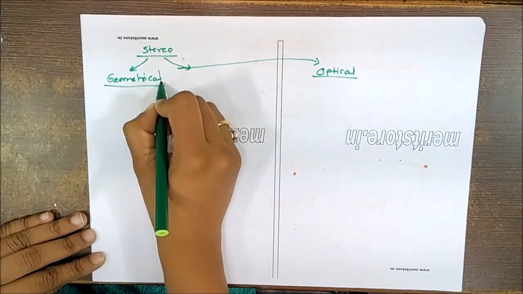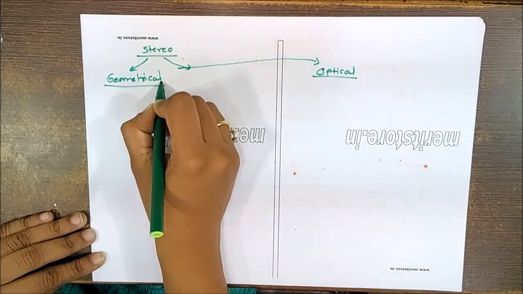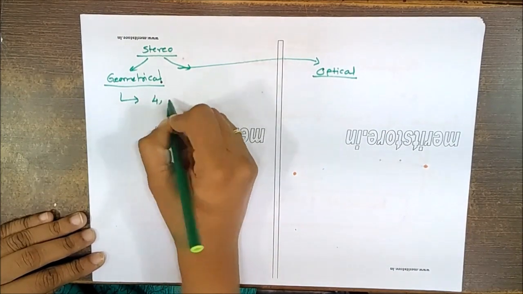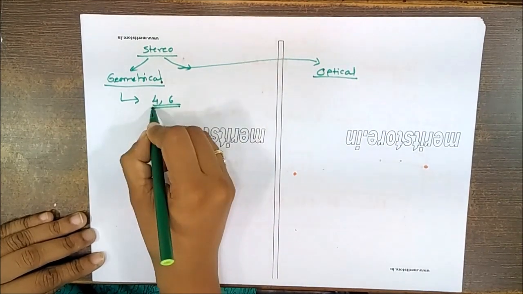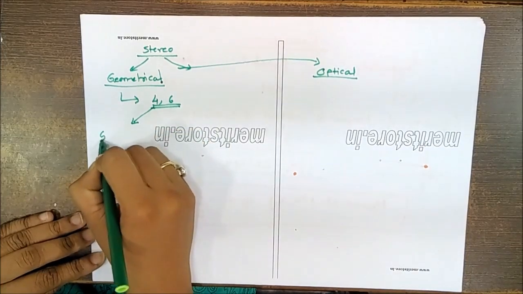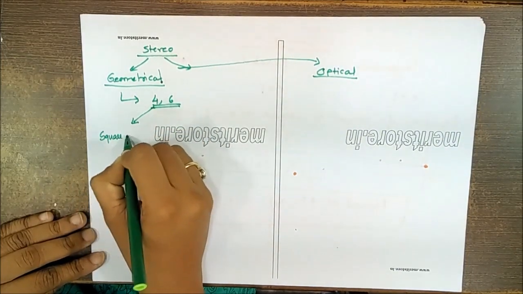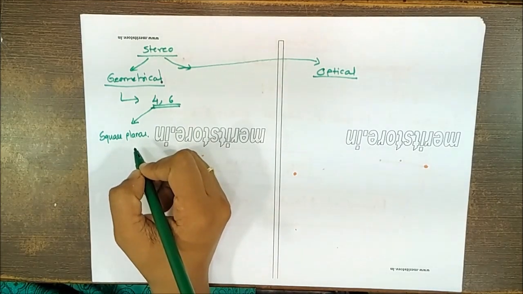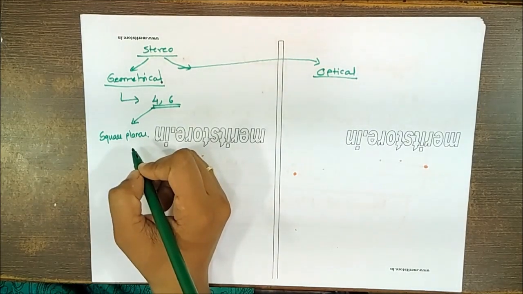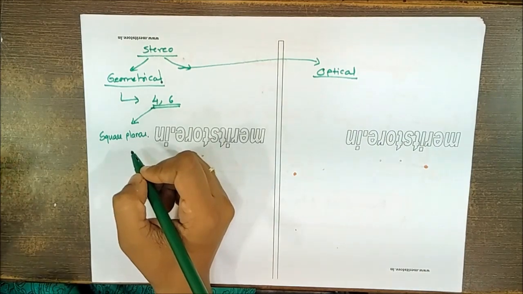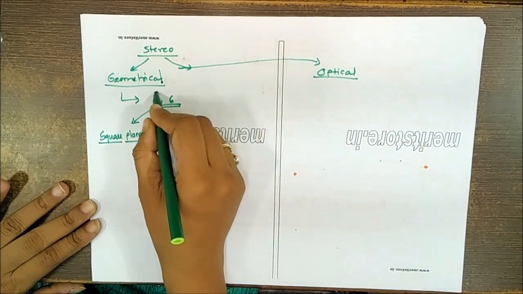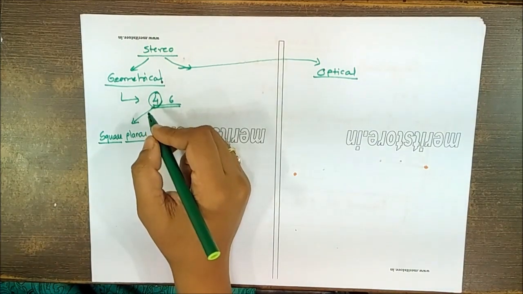Geometrical isomerism is only possible when the coordination number is 4 or 6. In 4 also, it is only possible for square planar complexes, not for tetrahedral, because in tetrahedral complexes the positions are not adjacent for the ligands. So only for square planar complexes is geometrical isomerism possible.